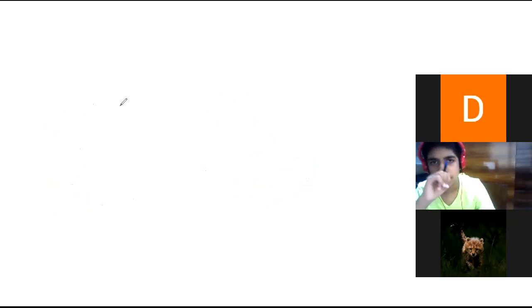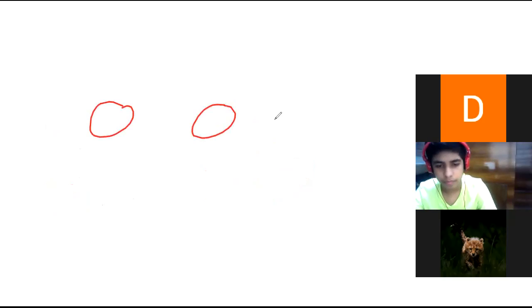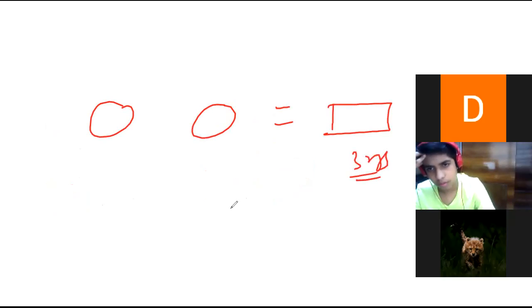Again, I took the difference and I got interest for how many years? 3 years. So this 3224 was amount after how many years? 2 years.